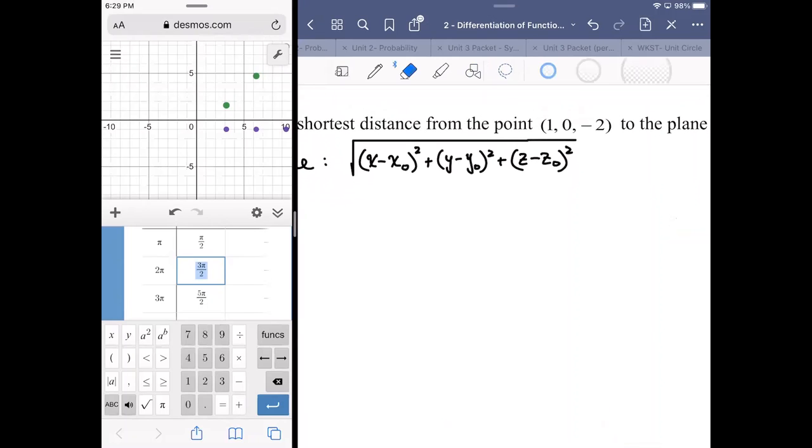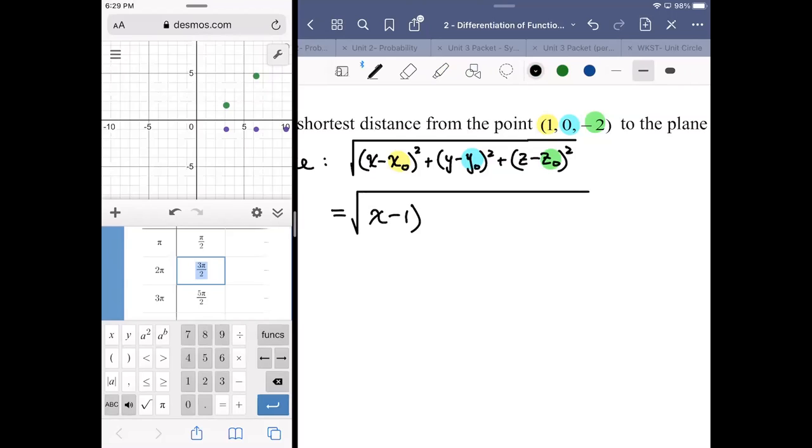All right. So what I would say here is that I have x sub o, y sub o, and then z sub o. So this would be the square root of x minus 1 squared plus y minus 0 squared, so y squared, plus z minus negative 2, so z plus 2, squared.